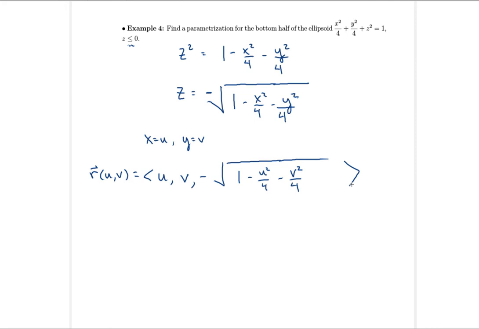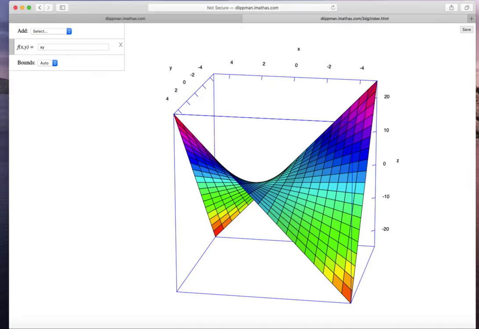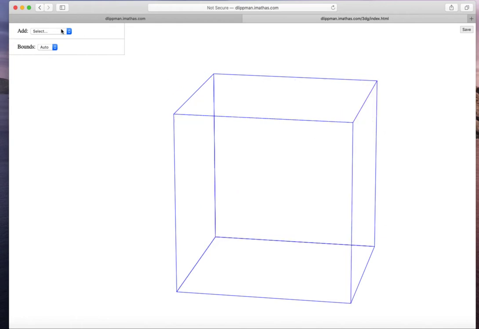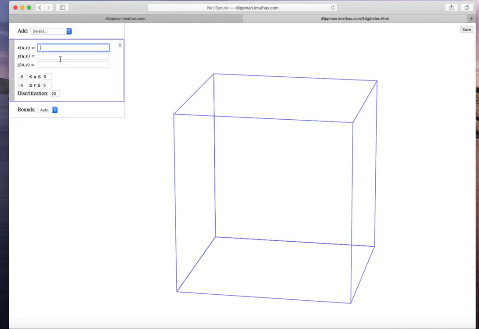All right. And we can go ahead and check to make sure that this in fact does give us the bottom half of an ellipsoid. So I can say u, v, and then it's negative square root of 1 minus u squared over 4, minus v squared over 4.